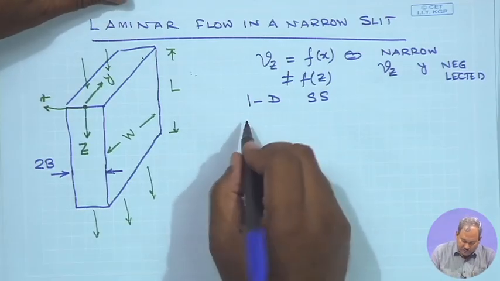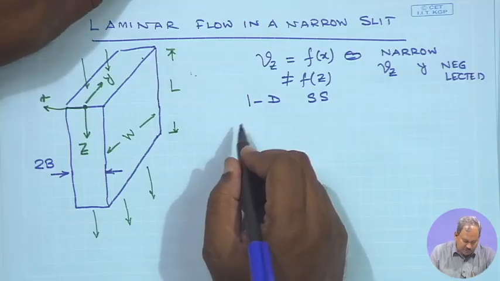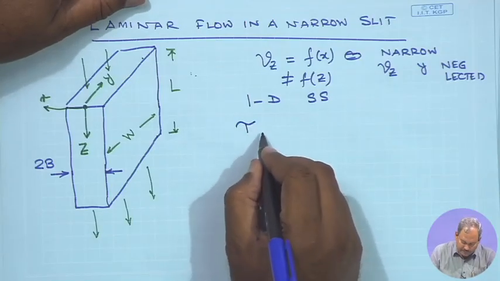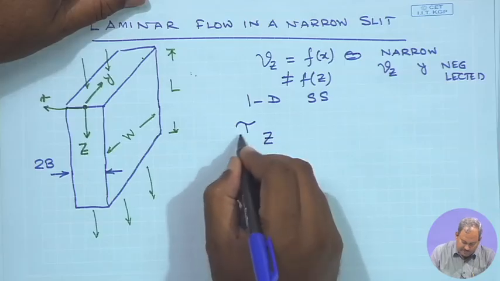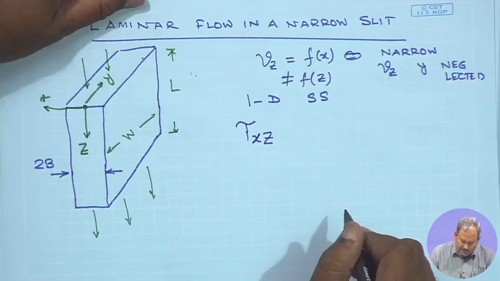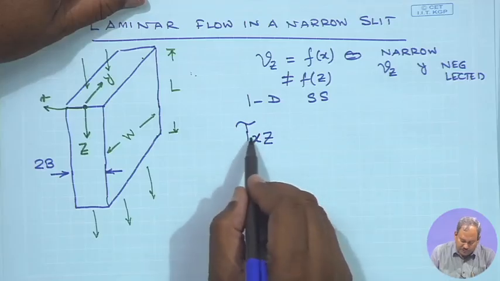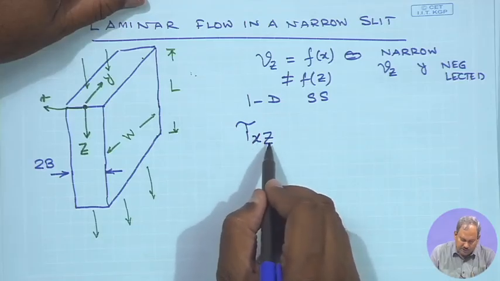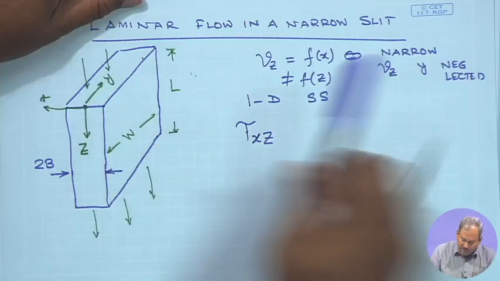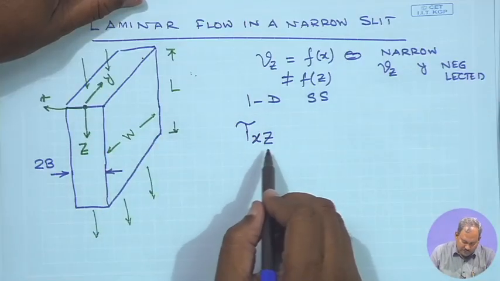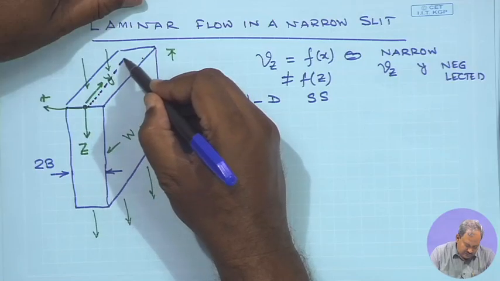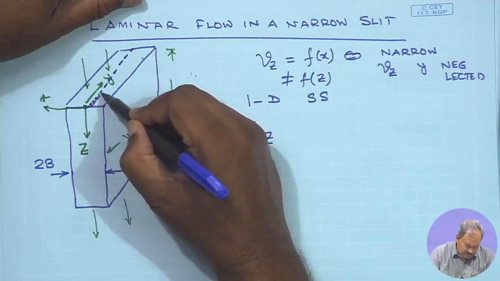So, again we need to first find out what is the expression for tau to be used in here. We can see it is z momentum, but the z momentum is being carried by viscosity in the x direction. So, therefore, the subscript for tau should be tau x z, and since your velocity varies with x, your shell is going to be this.